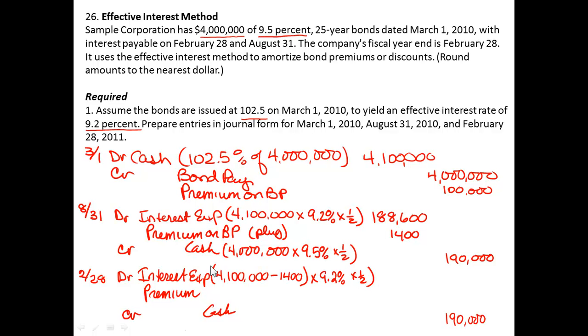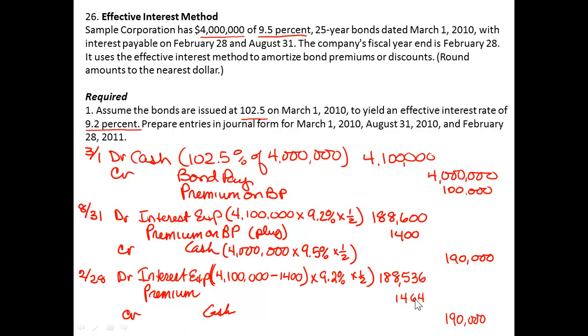So what we're going to debit interest expense for is $188,536. So the premium now is getting plugged for the difference, or we're amortizing $1,464.